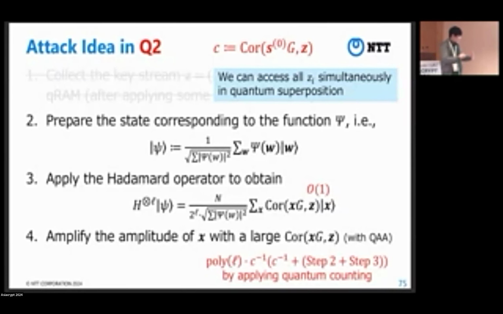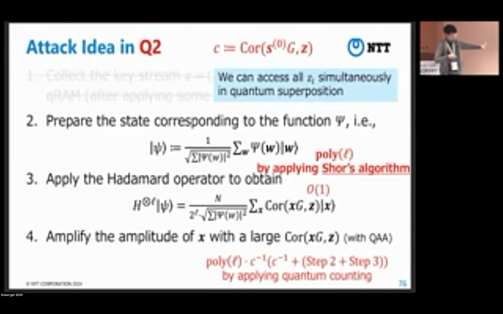And with some analysis, we can show that the final step can be done with this complexity by applying the quantum counting algorithm. This is not so straightforward, but I don't have enough time today, so please read our paper for more details. And finally, this is the most non-trivial part.